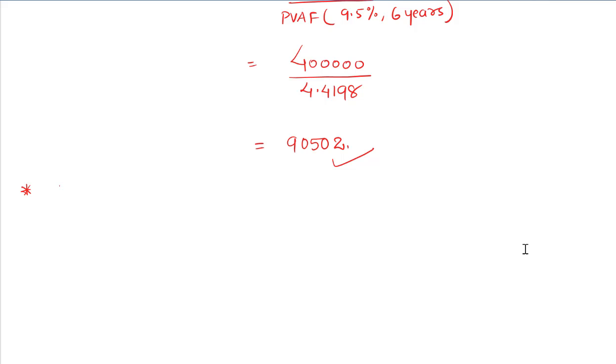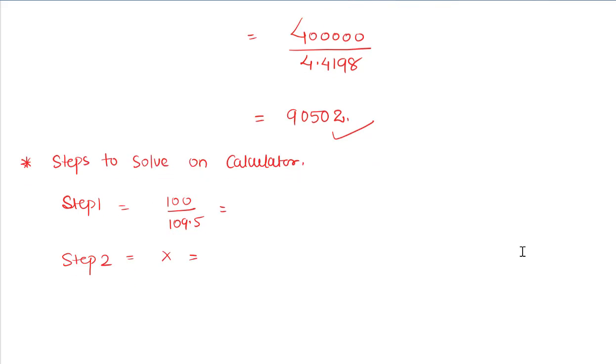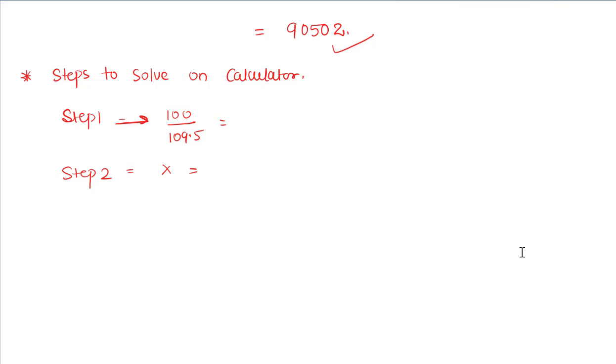Right, over here, steps to solve on calculator. Step 1, 100 divided by 109.5 equal to. Step 2, into equal to. Step 3, equal to.